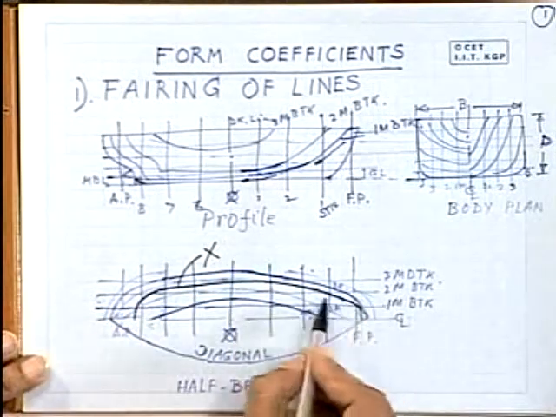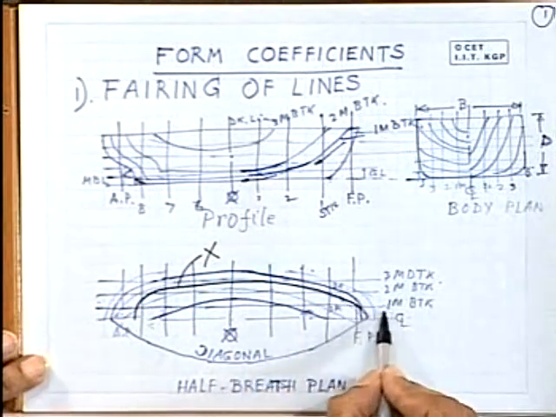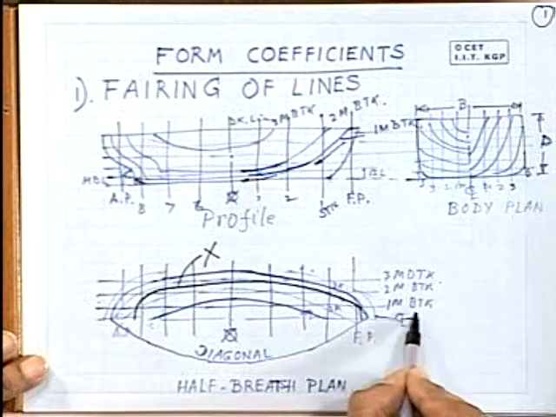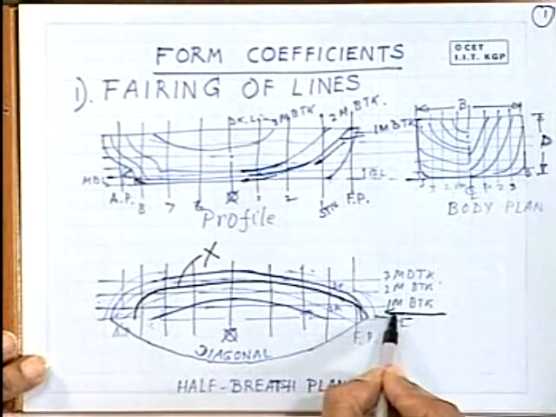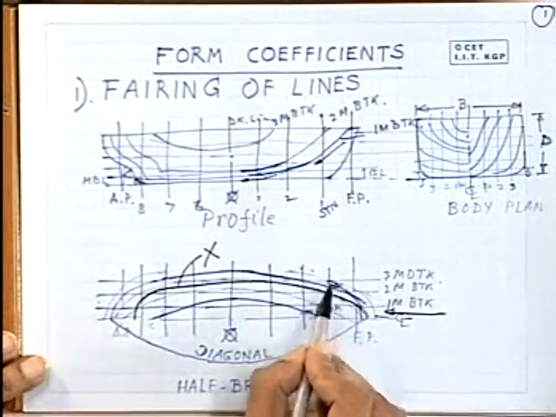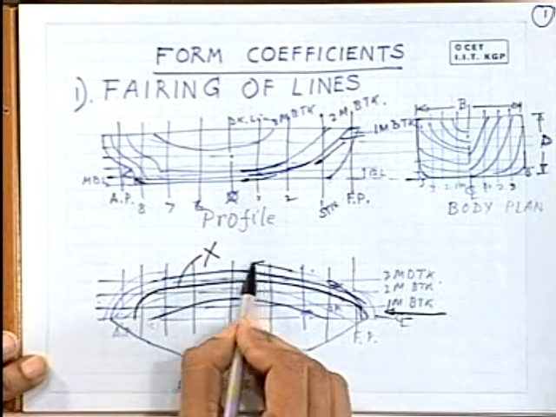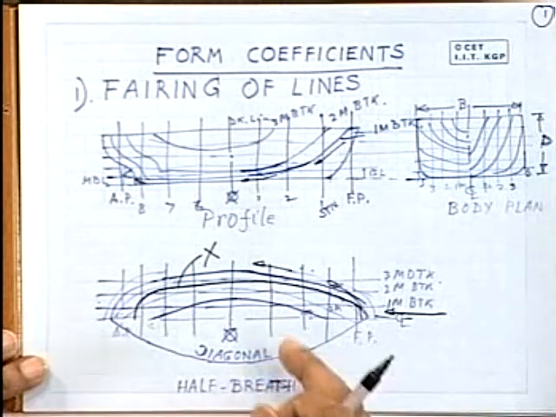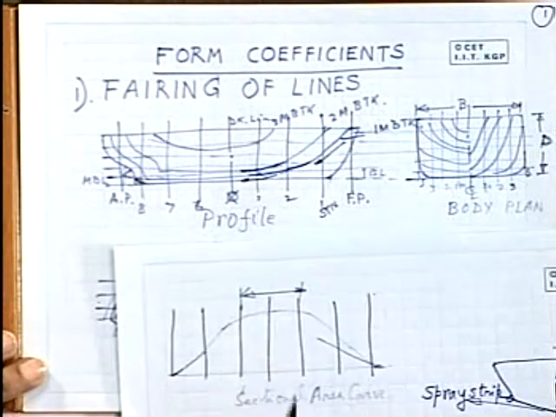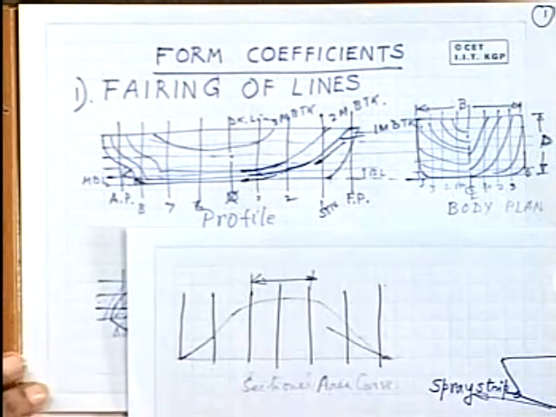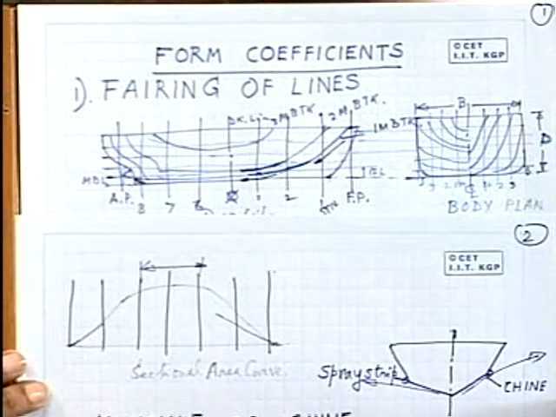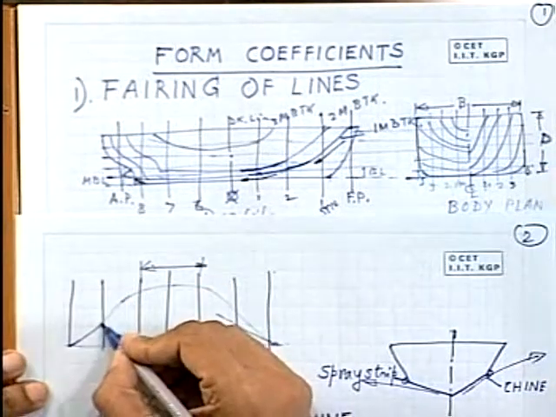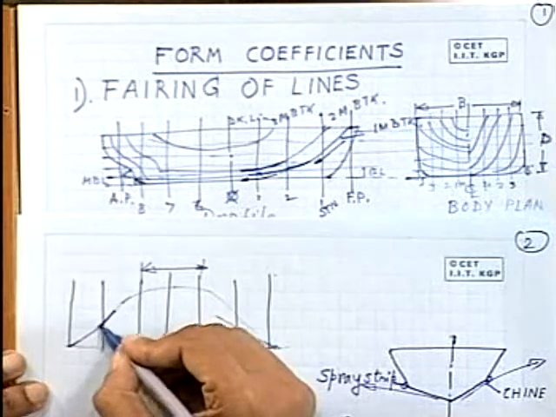And if you look at the half breadth plan also, as the ship moves forward, the water is going to flow like this. So there should not be any undue hindrance to the flow of water, and this again is reflected in the sectional area curve. In the sectional area curve, you should not make a drastic change in the slope.